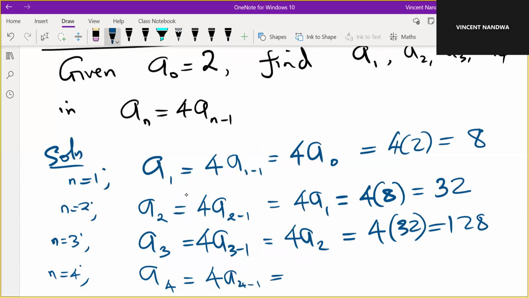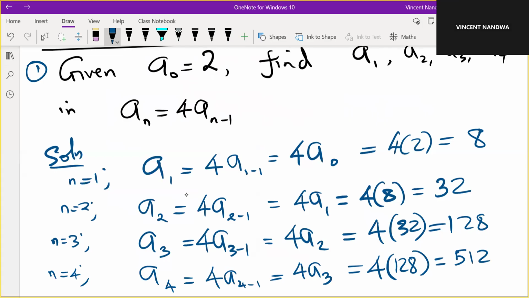So this will be 4 a_3. So a_3 previously is 128. So 4 times 128 is what? 512, correct. So that is problem 1.